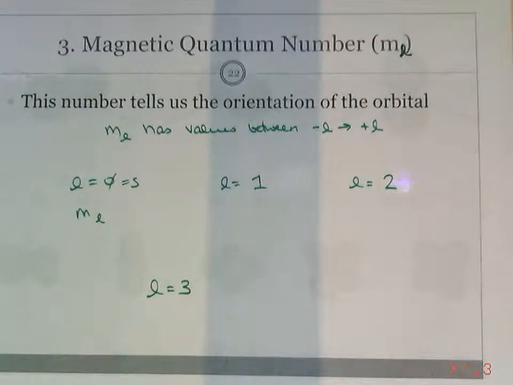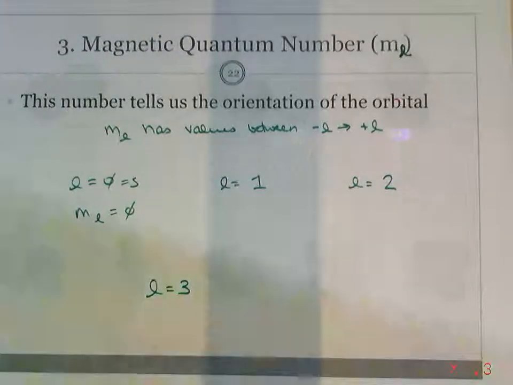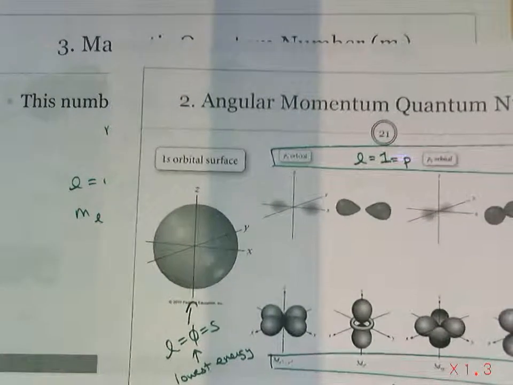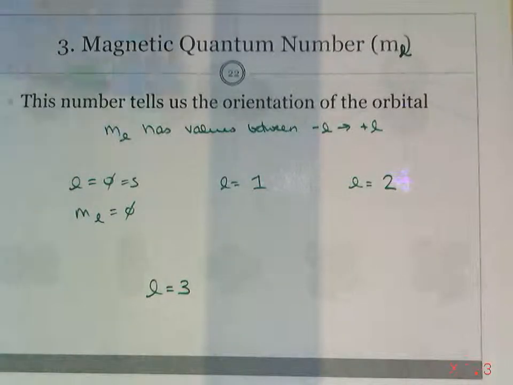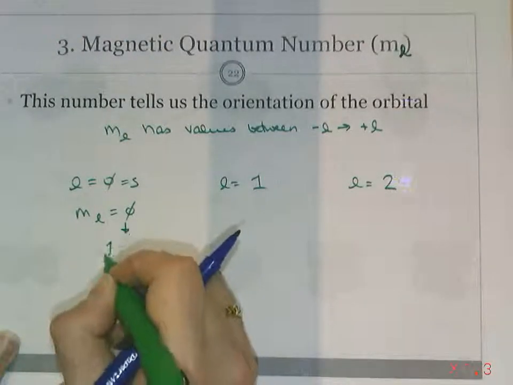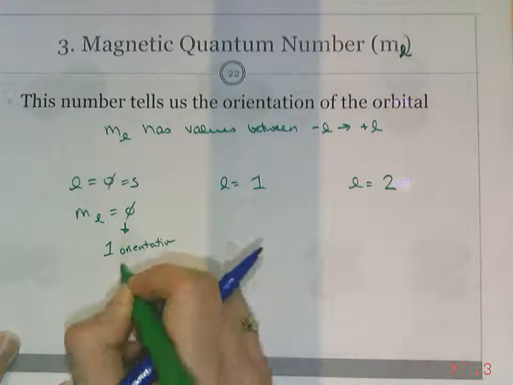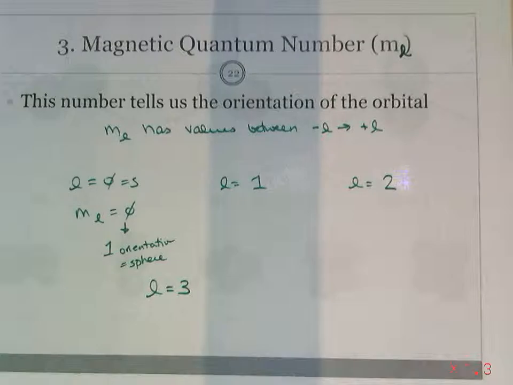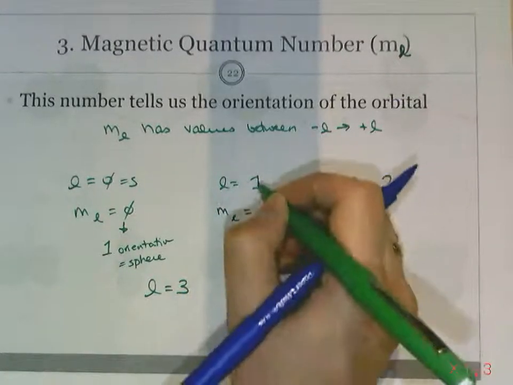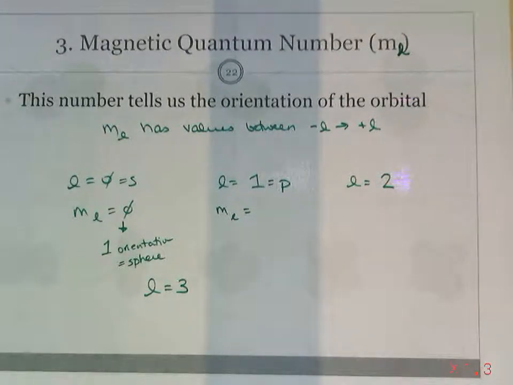So how many orientations do we have? For our sphere, L equals 0, there is one. For L equals 1, P, m goes from negative 1 to plus 1.